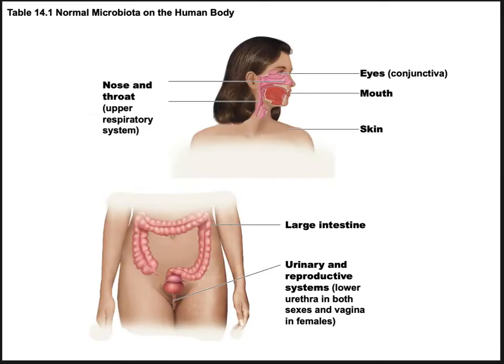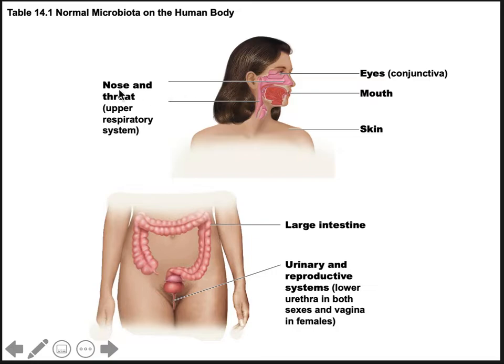Okay, so there are areas of your body that you will find microbiota, and then there's areas that you should never find microbes, right? So your blood should never have microbes. Your lower respiratory, your lungs shouldn't have microbes, and your vital organs, of course, shouldn't.